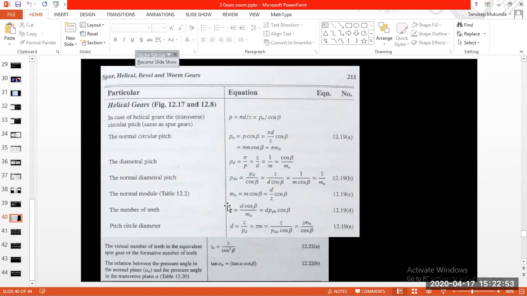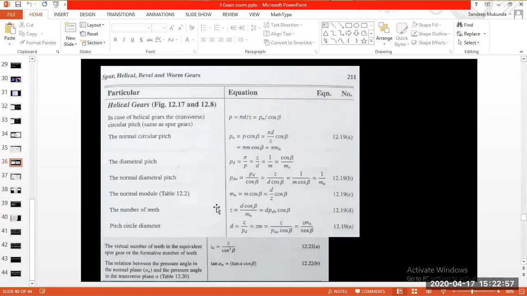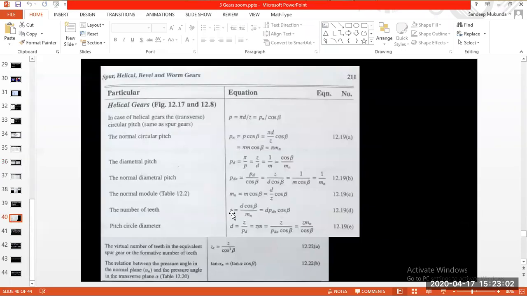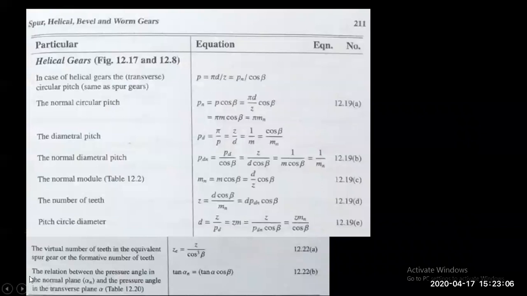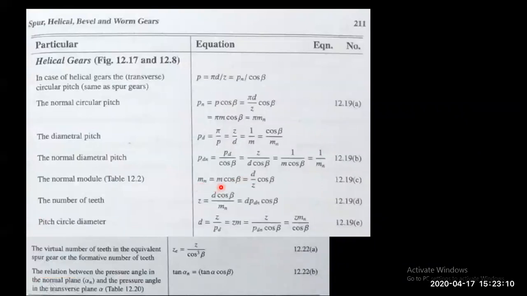Or what we can do is to check out this slide over here. You can see the normal module here. Here the normal module is m cos beta.